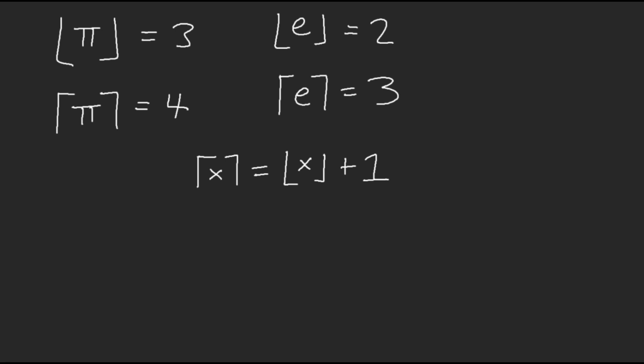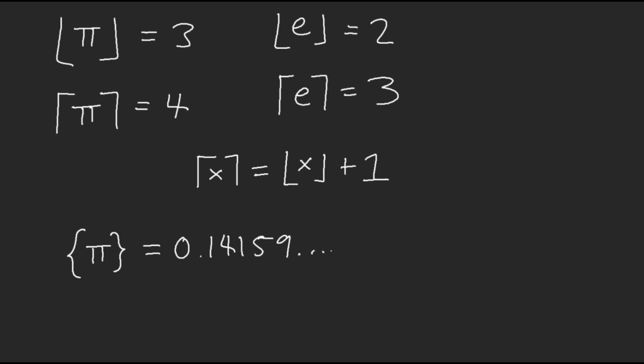And now, what about fractional parts? A fractional part means that you're just taking the decimal portion of the number. Pi is a little nasty example because it is an irrational number, but this would equal 0.14159 whatever.